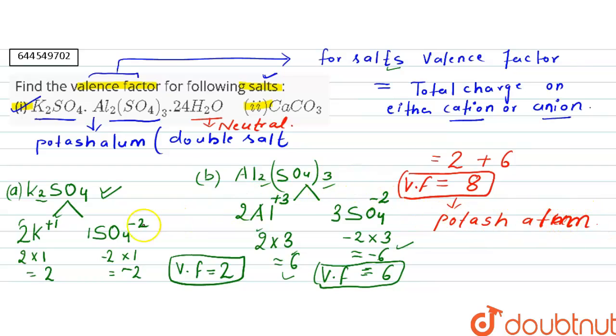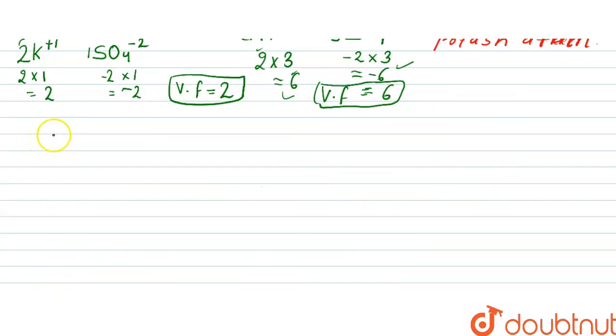And now we'll talk about our second example, that is calcium carbonate. First I will write here calcium carbonate. We know that calcium carbonate is made up of two parts.